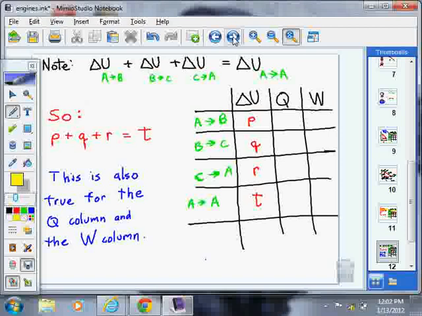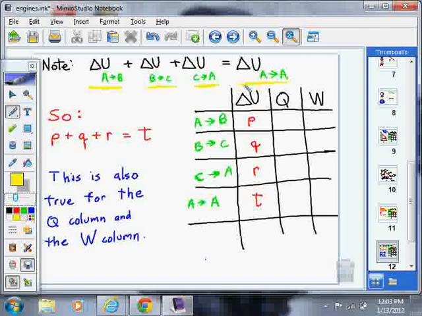Look. If you add up, see if you can follow me on this, people. Ready? If you add up the change in internal energy from A to B, and then you add the change from B to C, and then from C to A, well, if you add all those changes together, you end up getting the change from A all the way around to A again.